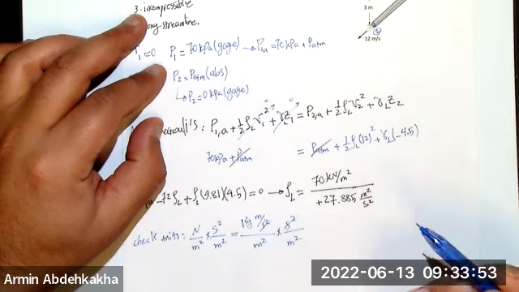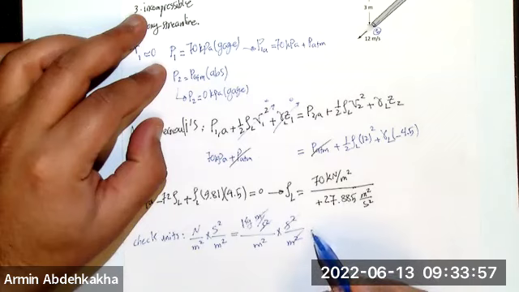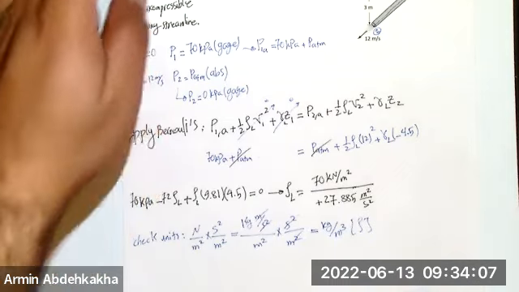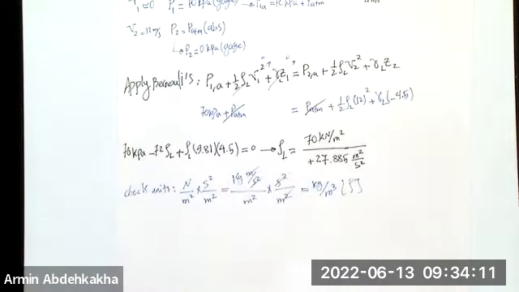You can cancel out these two and one meter from this. What you will have is kilogram per meter cubed, which is the unit for rho. Then homogeneity of the dimension is valid here.